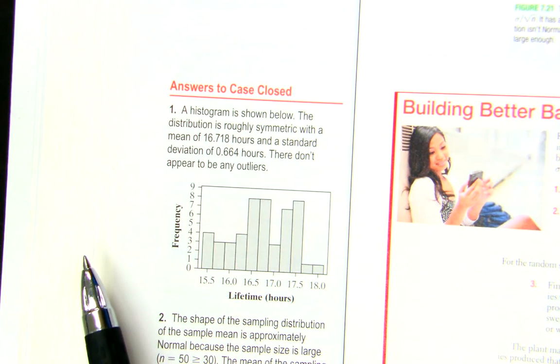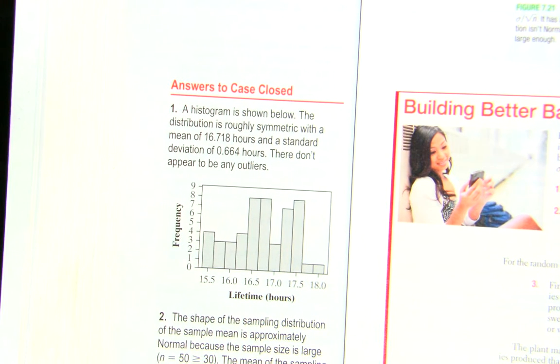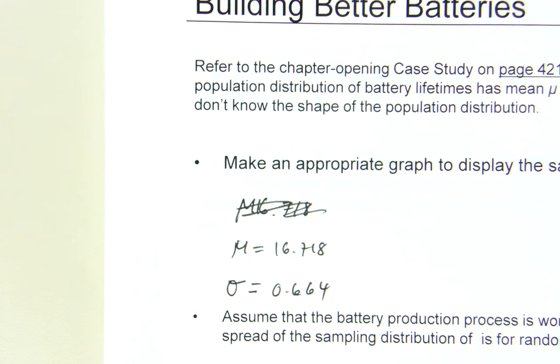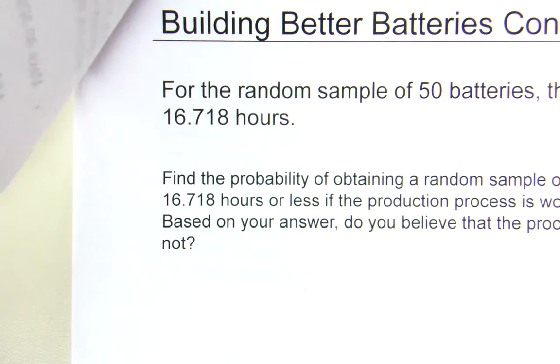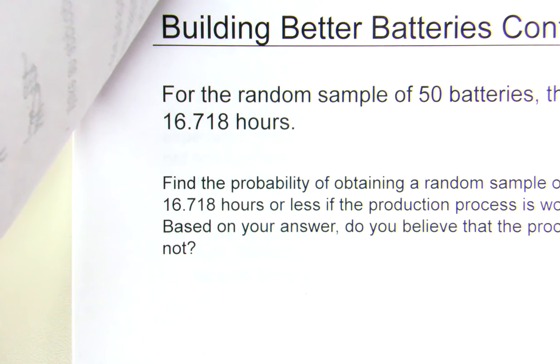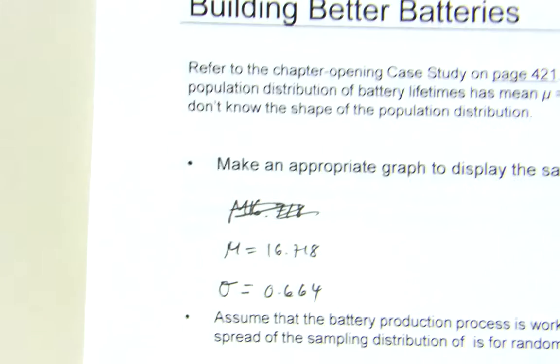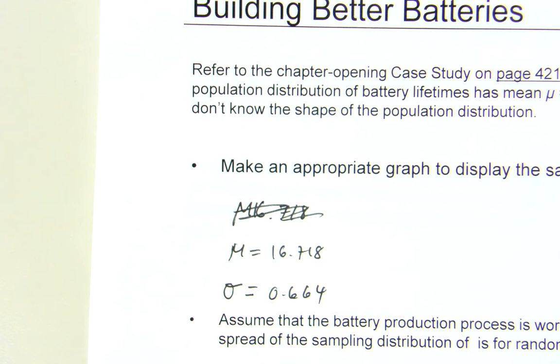Okay? The shape of it, okay, we'll talk about that in a second, because I want to write this down. What do I want to do? Is that number 2? Okay, yeah. Okay, assume that the battery production.